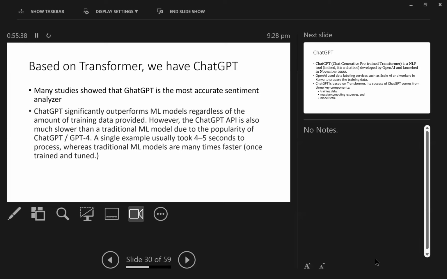So after the introduction of transformers, several groups in the world started to compete with each other to build the most complicated transformer model, and then try to get as many good data as possible in order to train the model. One of them is the work by ChatGPT.